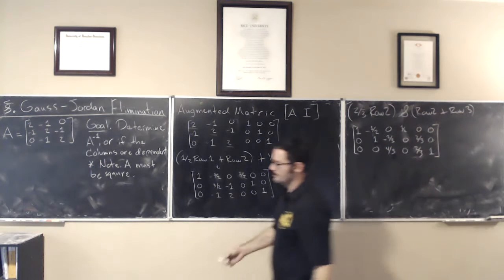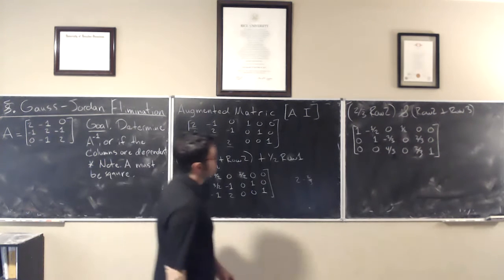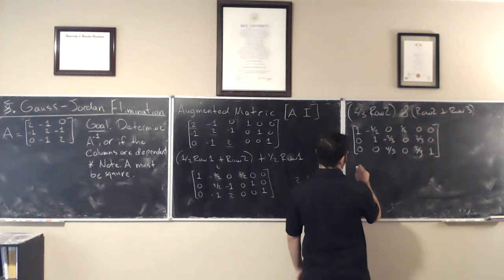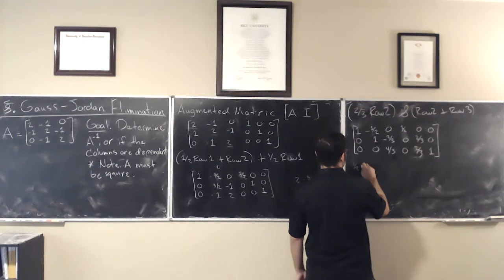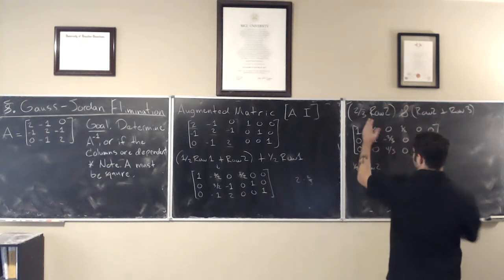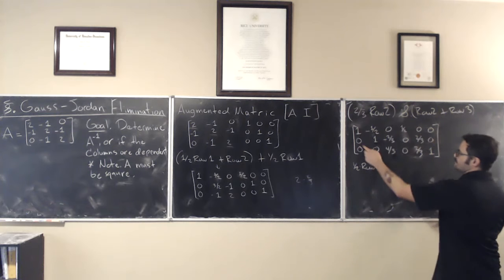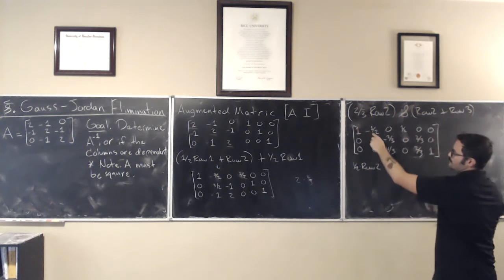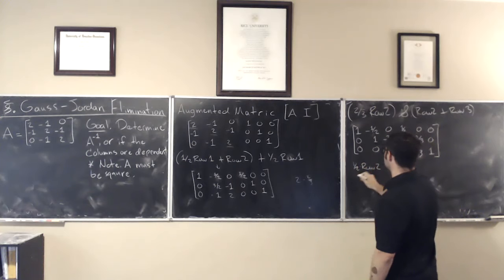Okay, we're almost there. So then we can do 1/2 times row 2. So we want the identity matrix here as a block. So 1/2 times this row plus that row. We'll get rid of that entry there.